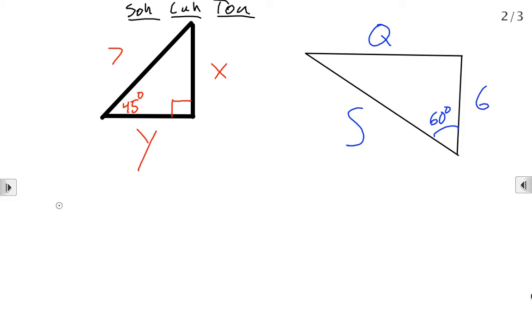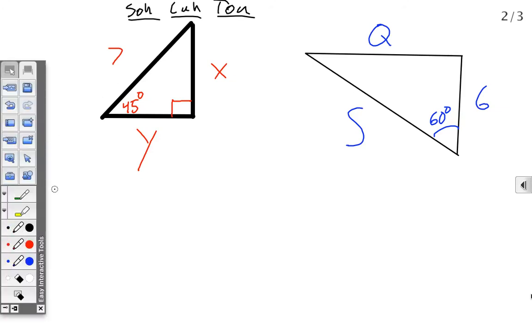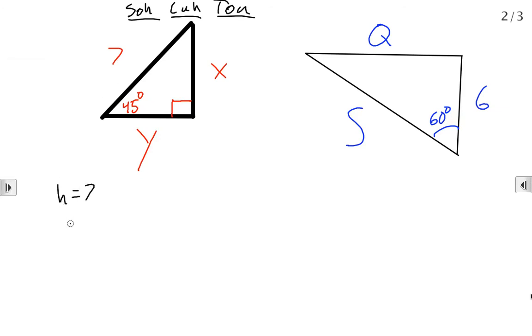All right, so in this case, we have a known hypotenuse of h, so we know that h is 7, and we have an angle of 45 degrees. So let's say we wanted to find y. It's important to note that for 45 degrees, y is next to 45, or y is the adjacent side.